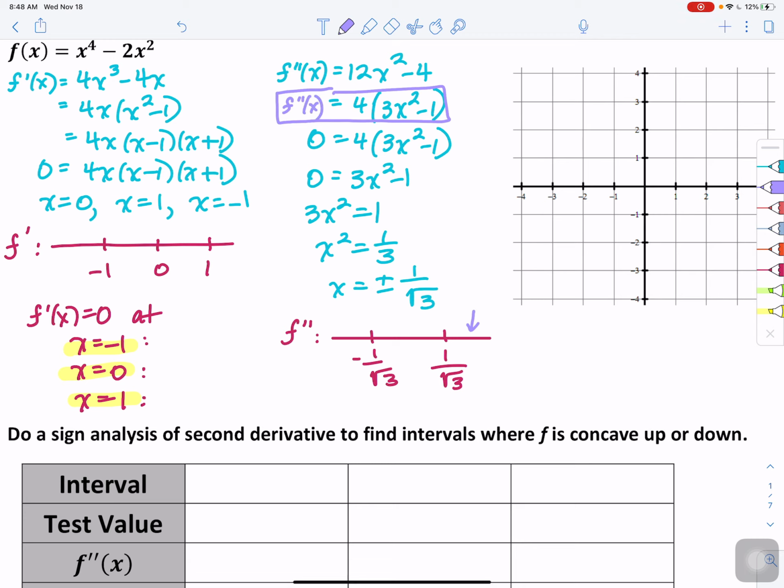And if you plug a 1 in there, that's a 4. Well, the 4 is always positive, so we're just plugging it into 3x squared minus 1. Of course, it's going to be positive. And then a great test value there is x equal to 0. And so if you plug a 0 in up there, it is negative. And then if you plug in a negative 1, you're going to get a positive. So there is our concavity chart.